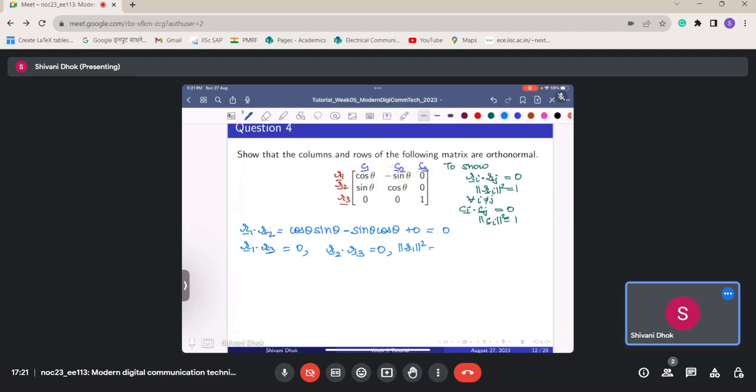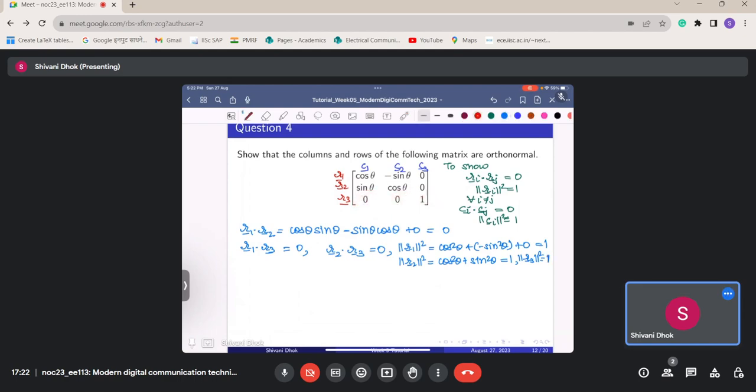So this is cos square theta plus minus sine square theta plus 0, and cos square theta plus sine square theta is simply equal to 1. Similarly, norm R2 squared is sine square theta plus cos square theta, which is 1, plus 0. And norm of R3 squared is equal to 0 plus 0 plus 1 square, which is simply equal to 1.